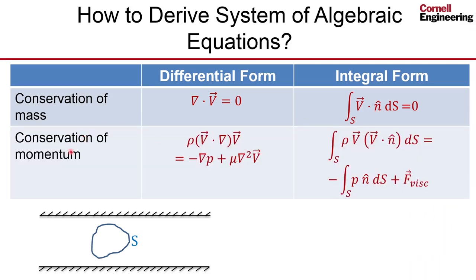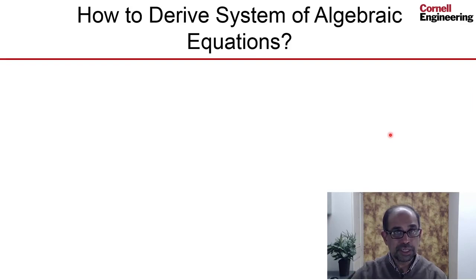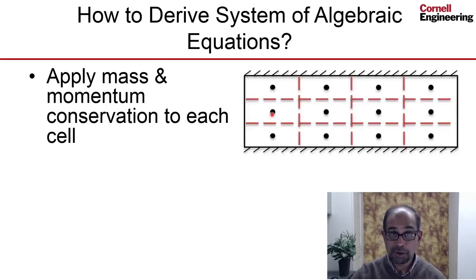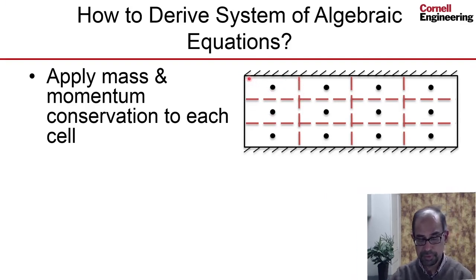Similarly, for conservation of momentum, there's a differential form and the equivalent integral form, and it's the integral form that the finite volume method uses. Armed with the integral form, we apply mass and momentum conservation to each cell. If we go back to our particular example, let's consider this cell over here, and we do a control volume balance for this cell.